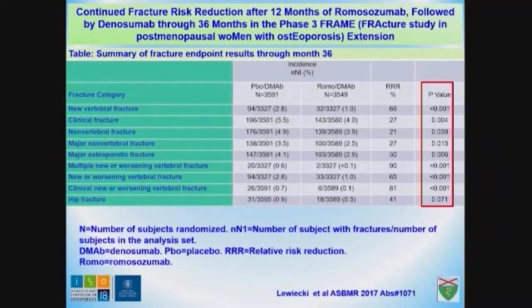Vertebral, clinical, non-vertebral, major non-vertebral, major osteoporotic fracture, worsening of vertebral fractures, new or worsening vertebral fracture, clinical or worsening vertebral fracture, a trend toward reduction in hip fracture, again, because of what I mentioned. And robust numbers of study subjects. You know, this was a hugely expensive multinational study.